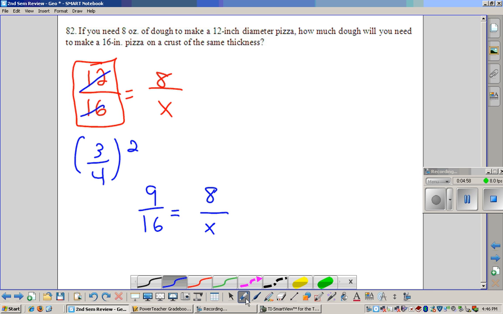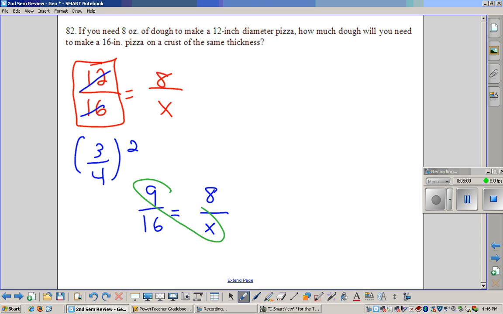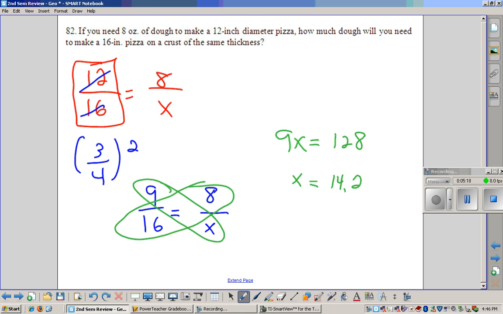This is what we're going to solve by cross multiplying. So we get 9x equals 128, right? And then we divide by 9, and you get about 14.2 ounces of dough.